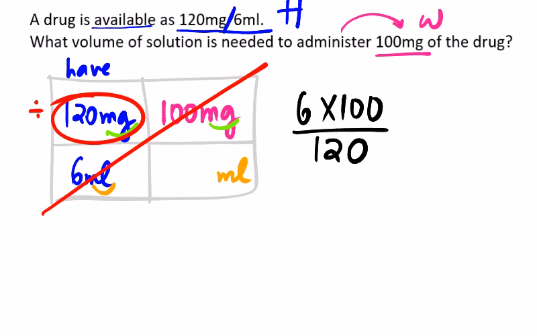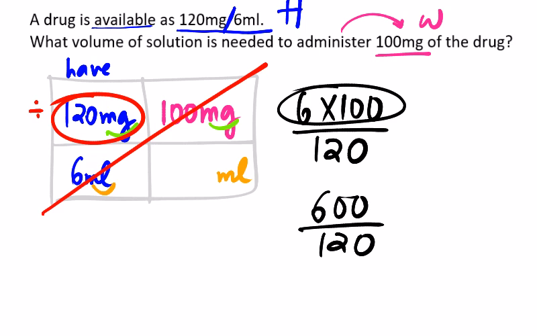So because we did a little estimate and we know our answer has to be more than 3, probably 4 or 5, we can just go to the calculator. We could multiply 6 times 100. I suggest we do that in our heads. 600 divided by 120. If you want to do some more simplifying, look at that. Divide both by 10. 600 goes down to 60.